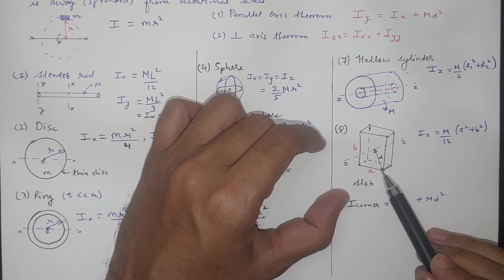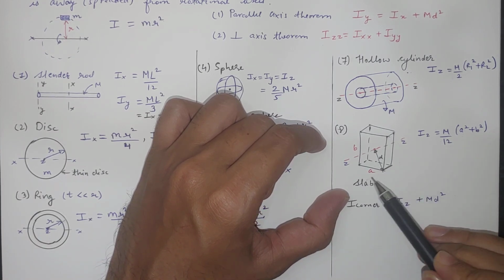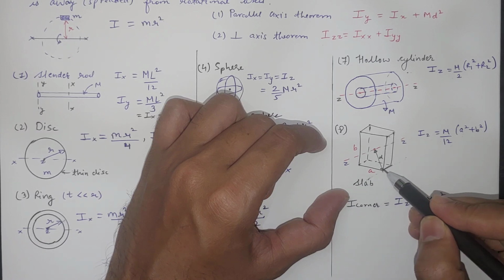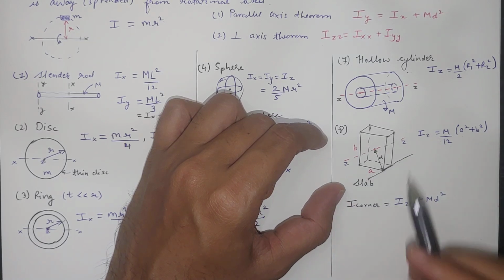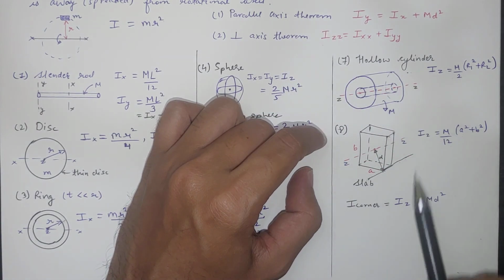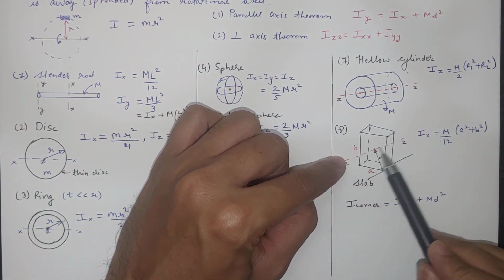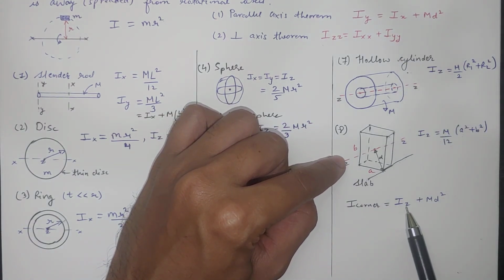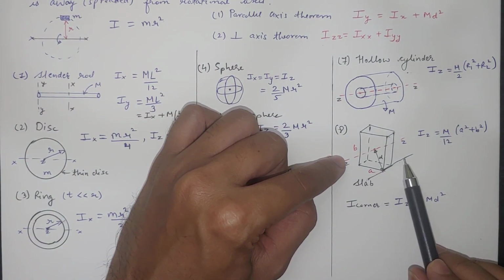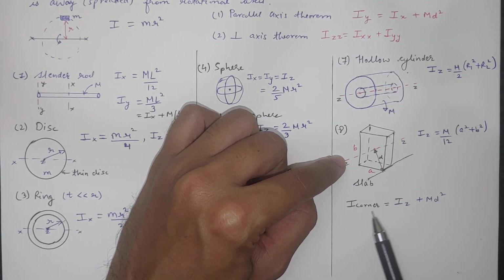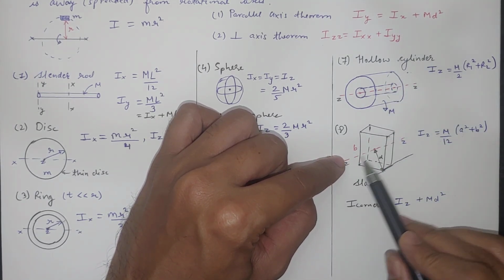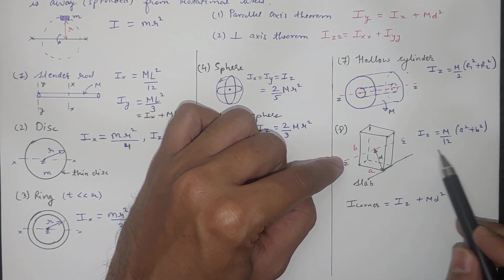And for I corner, for any corner axis, this axis which is passing through the corner, if you want to calculate, then we can apply the parallel axis theorem. We already know for the central axis, so Ix is Iz here. So for I corner, Ix we already know, which is Iz here, which is this value.